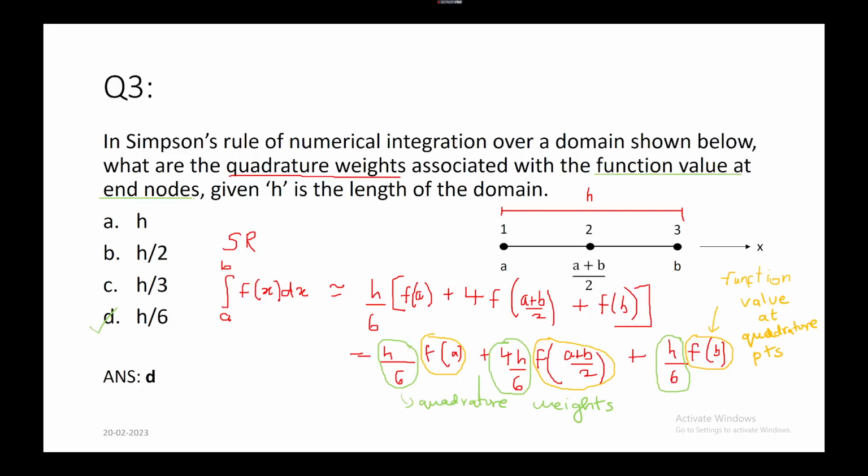My question is only about end nodes. Of course, there is 4h by 6, that is for the midpoint. But we are only considering the function value at the end nodes, and you can see both are h by 6. So the answer is D. I hope the doubt is clear.